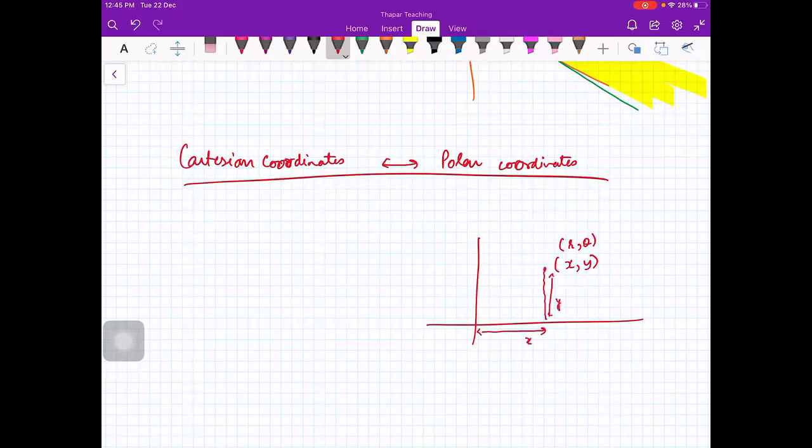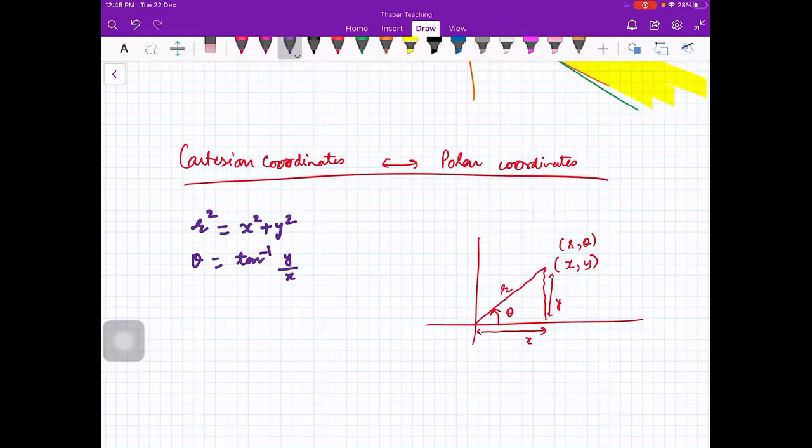And r comma theta means this distance is r and this angle is theta. Is that clear? Now you have a right angle triangle. You can very easily see r square is x square plus y square and theta is tan inverse of y by x. Is that okay?